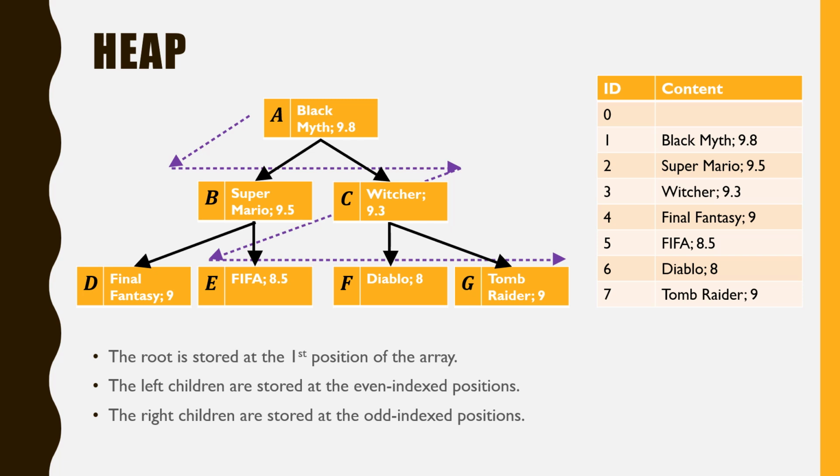For example, the left children, nodes B, D, and F, are stored at array indexes 2, 4, and 6, respectively. The right children, nodes C, E, and G, are stored at array positions 3, 5, and 7, respectively.